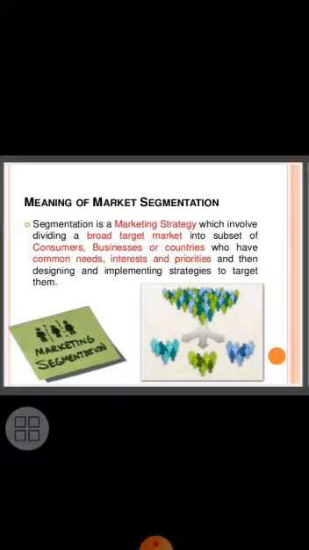So it means we have divided our product into different segments and we are making the product according to that segment. Because as I told you, a segment has similar characteristics. If we are making shoes for females, they would like to purchase shoes which are very colorful, with bright colors.